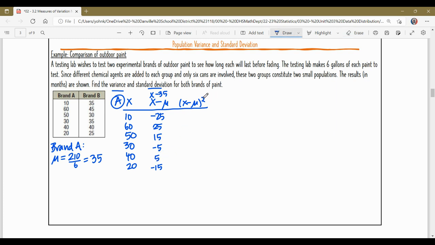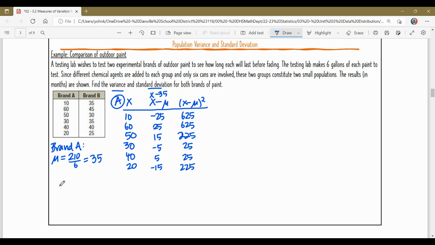Okay, then I need to square the X minus mu's. So I had negative 25. I square it to get 625. Square positive 25, 625. Square 15, that's 225. Square negative 5, that's 25. Square 5 is 25. Square negative 15 is 225.